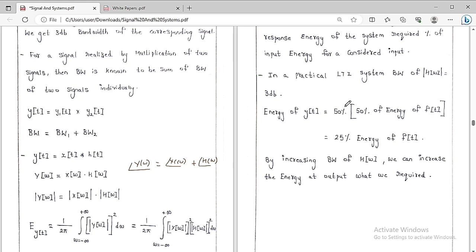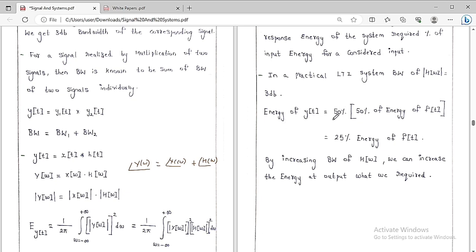It's the 3 dB range of the magnitude of H of omega, or the magnitude response of H of omega. So for a practical LTI system, the bandwidth of the system is equal to the 3 dB range of mod of H of omega.